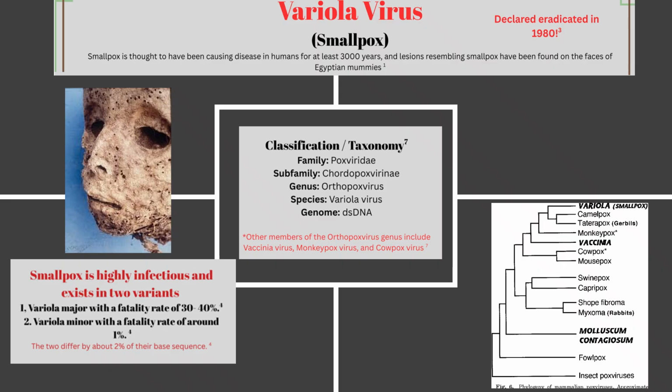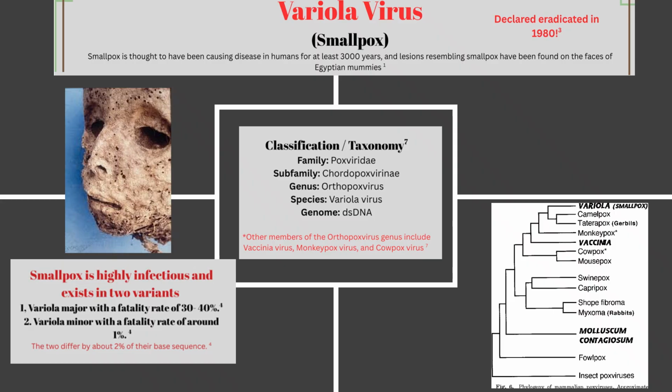The classification of variola virus comes from the family Poxviridae, the subfamily Protopoxviridae, the genus Orthopoxvirus, the species Variola virus, and the Baltimore classification double-stranded DNA.